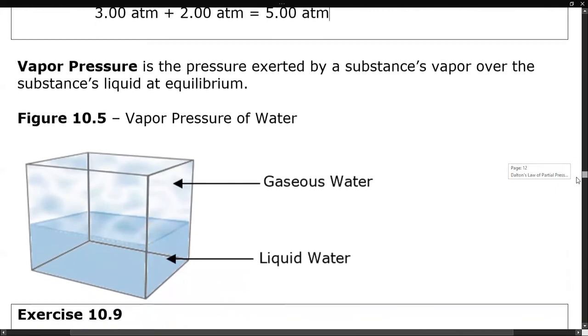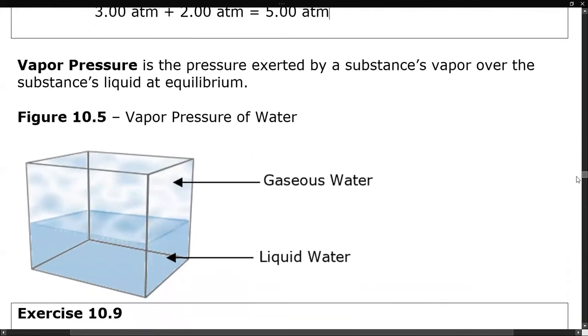Now, one common way that that's used is with vapor pressure. That is, if you've got a liquid in a container, that head space, that space of air or even a vacuum above the surface of a liquid, will contain a gas phase of the liquid in question, mostly for our level, of course, water.